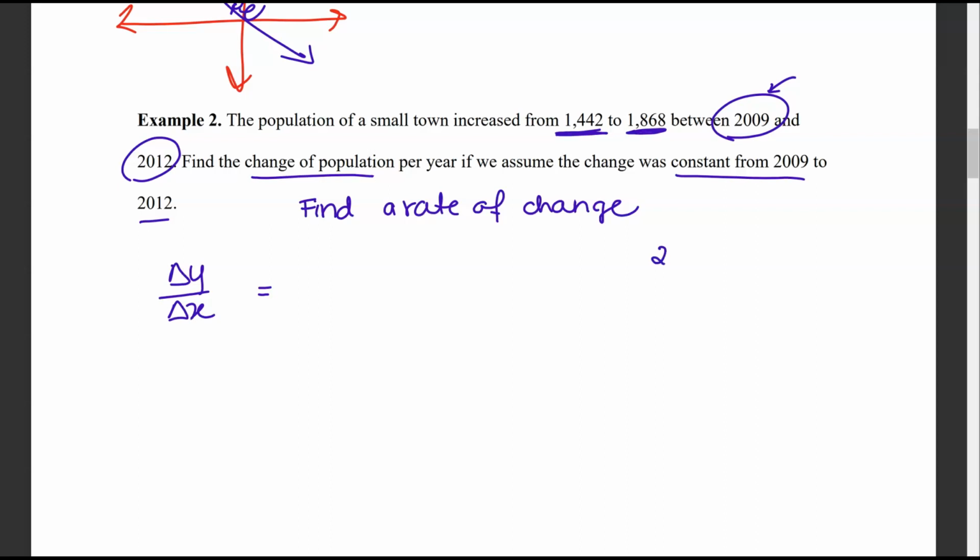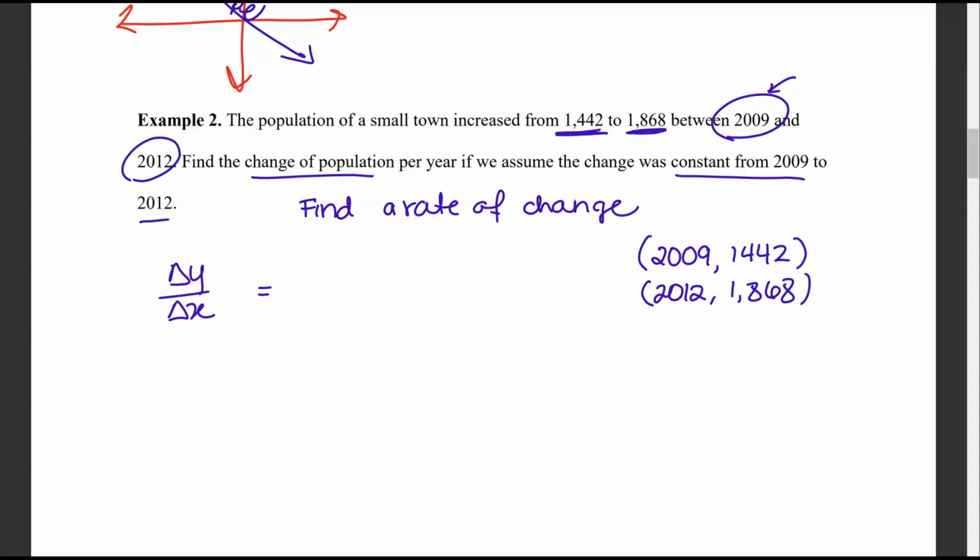I have 2009, comma. So in 2009, we had a population of 1,442. And in 2012, we had a population of 1,868.